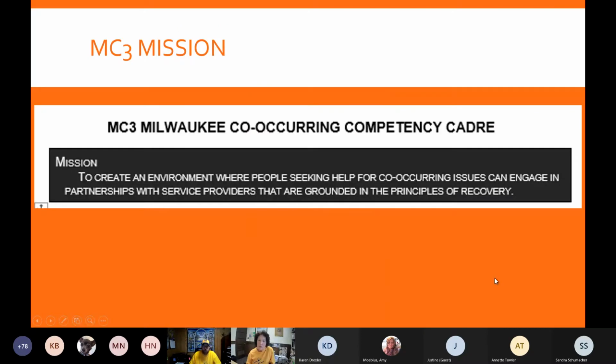And our vision was to create an environment where people seeking help for co-occurring issues could engage in partnerships with providers that are grounded in the principles of recovery and also all the other MC3 values.